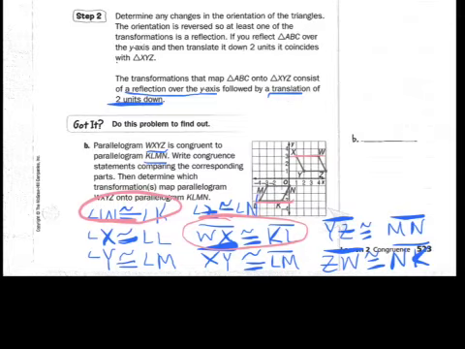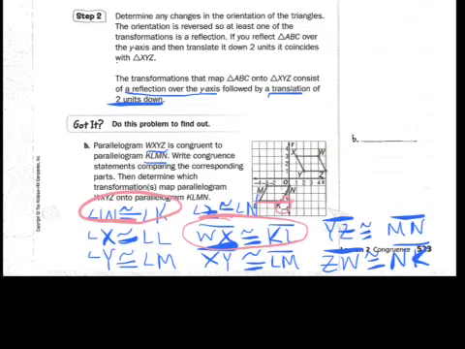Well, W is on the right side, and so is K. But the problem is K's on the bottom of the parallelogram and W's on the top. So I've got to get W to the bottom of this parallelogram. And the only way to do that is to flip WXYZ over.